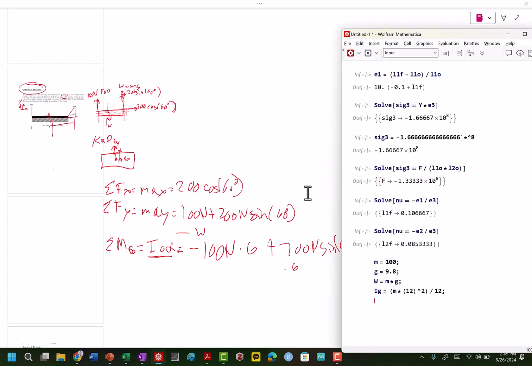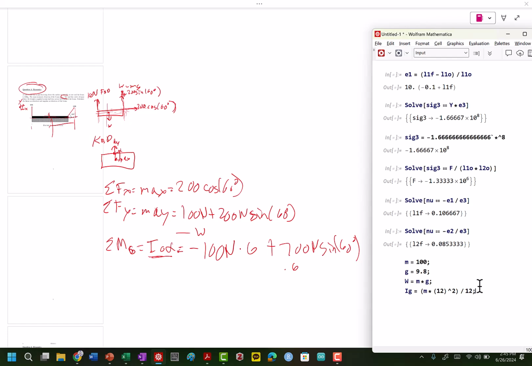So the kinetic moments about that point G, we're just going to have that rotation. And finally, let's go ahead and solve. So Fx equals m times ax, equals 200 times cosine of 60 degrees.